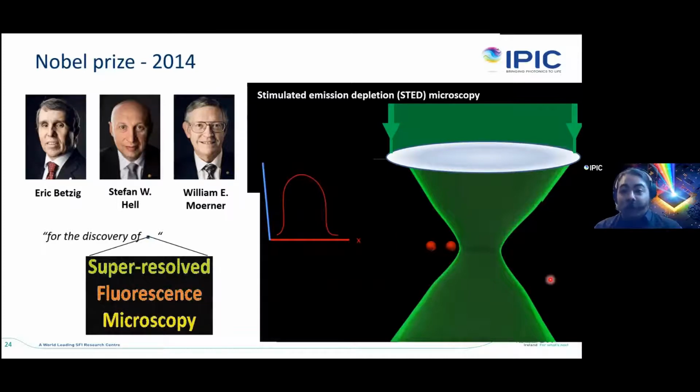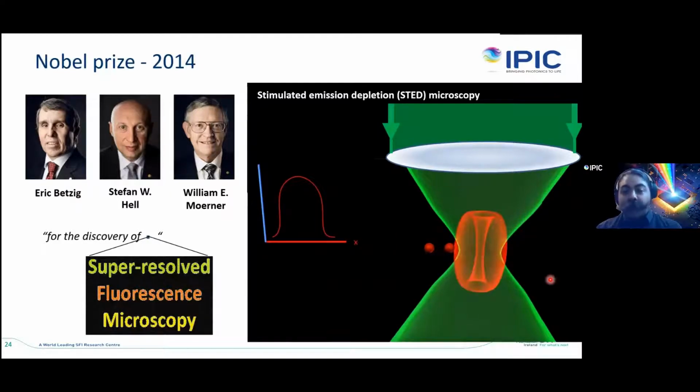But what the Nobel laureates thought is, if we can't focus the light in a smaller region, what if we create a donut? This structure will have a hole in the middle, which is actually smaller than a wavelength. They focus light using a donut, and in the area of this donut there is no fluorescence because of the emission depletion that we have in this type of technique.